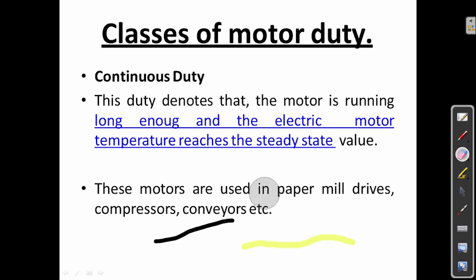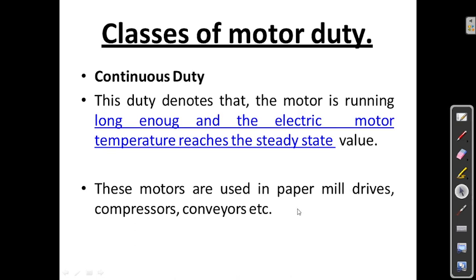Then some material comes over here on that conveyor belt, and it will stop somewhere over here, but still the conveyor is running, so there is no rest in that. That is called continuous duty motors. Paper mill drives also have continuous motor duty, as well as compressors and conveyors.